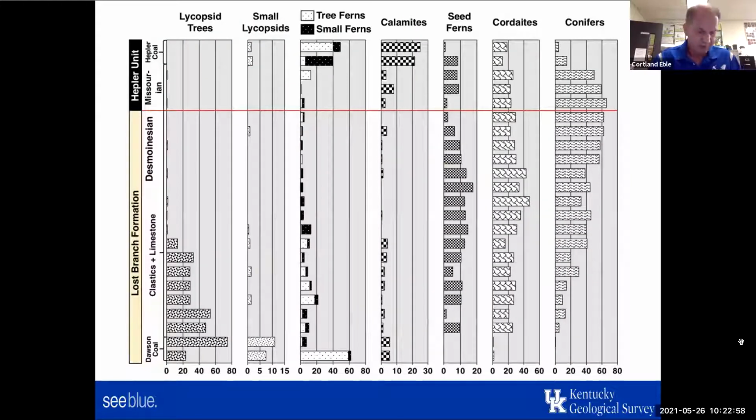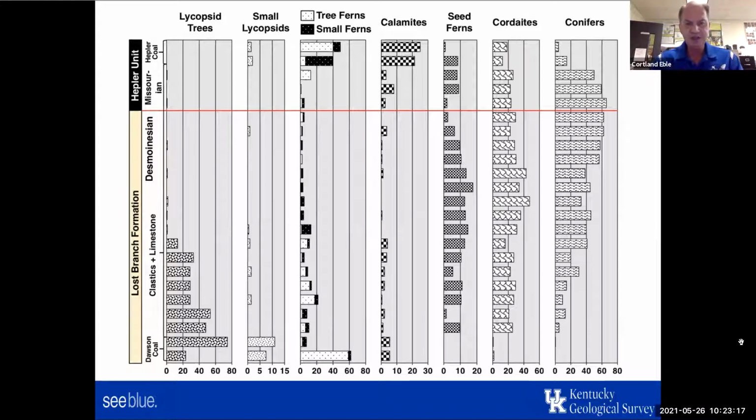So I put this in because Russ Peppers did this on the Lost Branch Formation, where he started at the Dawson coal and then sampled what were clastics and limestone up through to what was labeled as the Hepler coal.